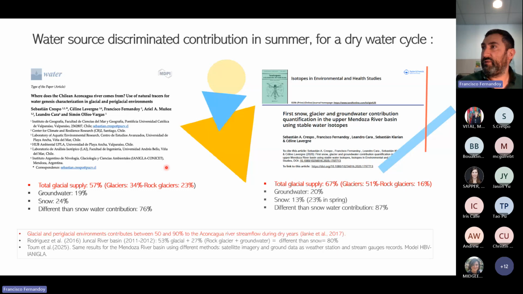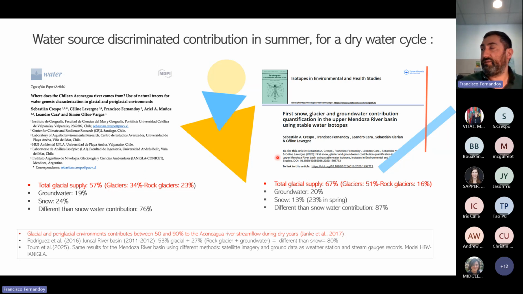So, two examples of some recent studies that we have carried out using isotopic techniques and also physicochemical parameters of water. On the right side we have results that we carried out on the Chilean side. We see that during dry periods, the total glacier supply to the runoff could reach at least 57%, which was much higher than we expected.